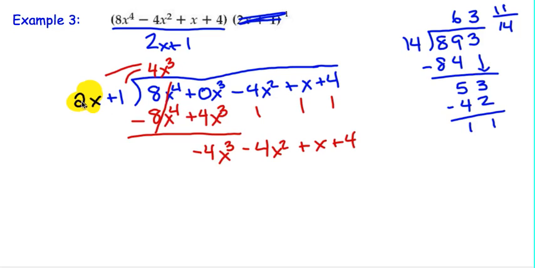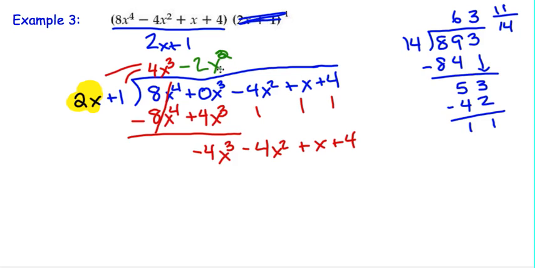Now I ask 2x. What do I have to multiply that by to make it negative 4x cubed? Well, for the number part, 2 times negative 2 gives me negative 4. And x times x squared gives me the x cubed.